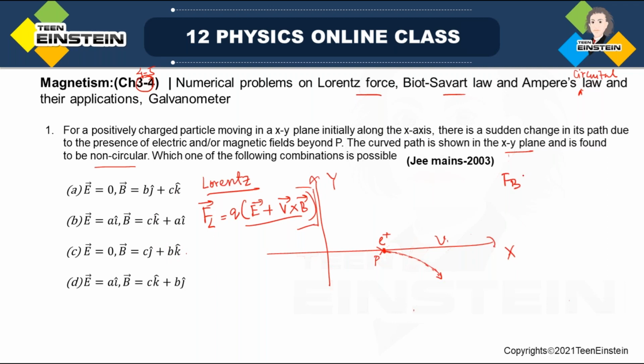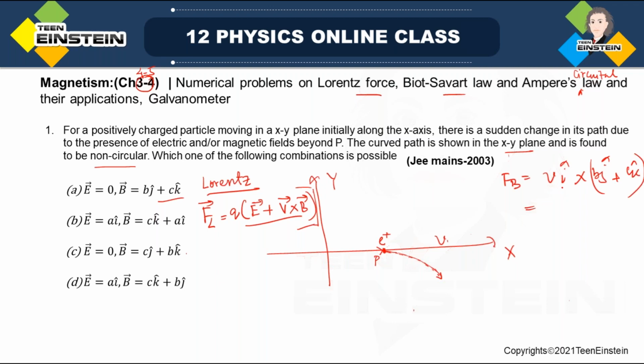Let us calculate the magnetic force. In this case, suppose the velocity is along the i cap direction, and B is given as the first option, b j cap plus c k cap.